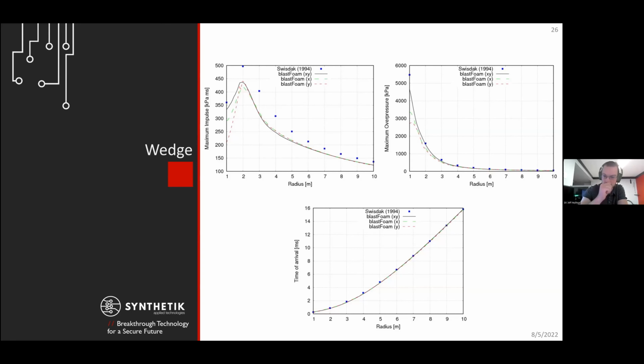Tim has actually written, I think it was a LinkedIn article, on this. But aside from that, the overpressures and time of arrivals all match very well. The 3 lines here are basically going to be ground plane, straight vertical, and then kind of a 45-degree angle out. Just different samples.